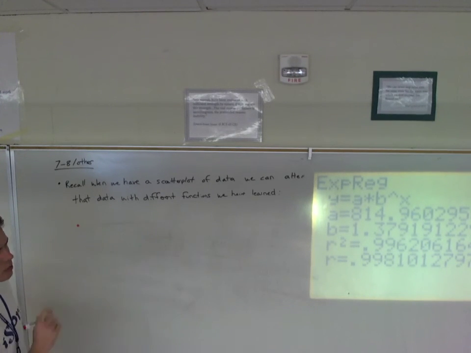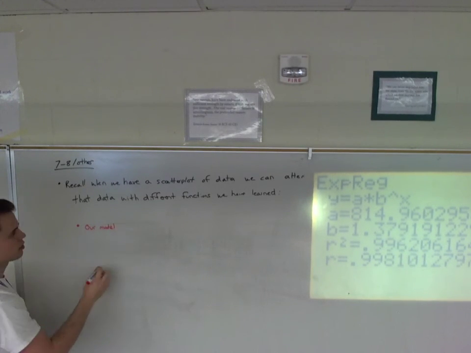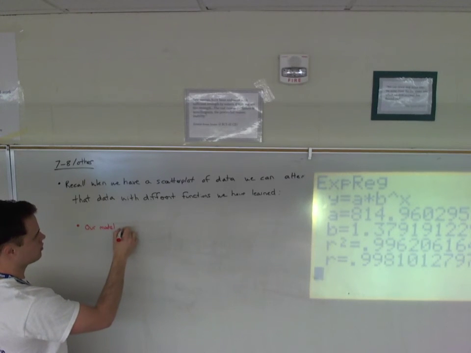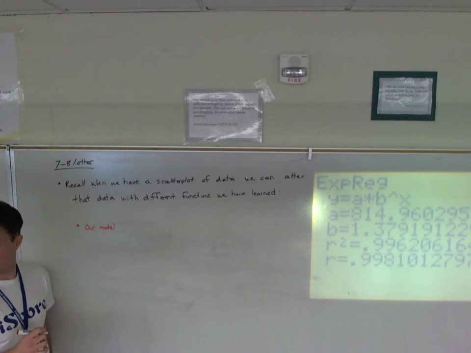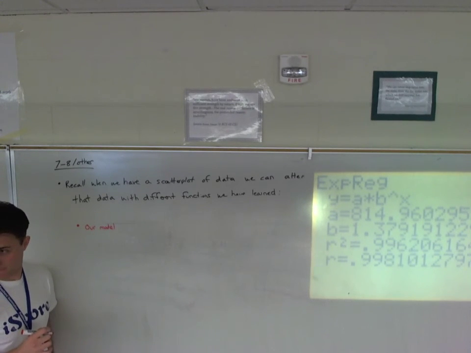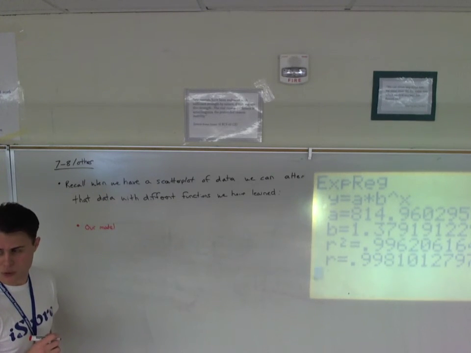So here's our conclusion. Let's talk about our model a bit. The way the 0.30 to 0.75 is between 1,000.